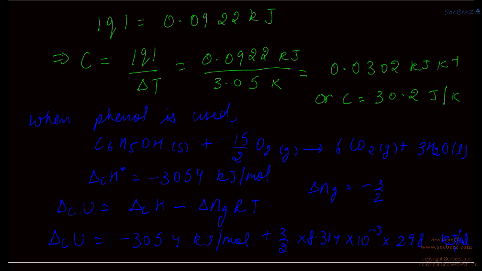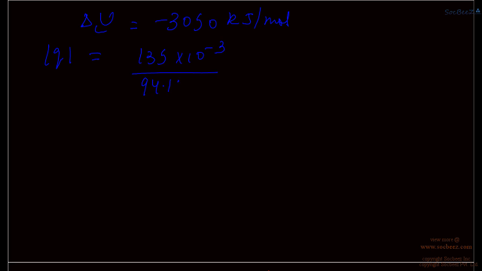Okay, so from here the value of delta U equals minus 3054 kilojoule per mole. Okay, now therefore value of Q heat is 135 into 10 raised to power minus 3 gram upon 94.12 gram per mole into 3050 kilojoule per mole.